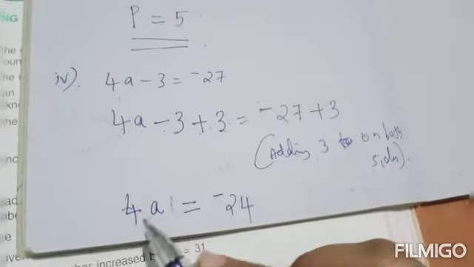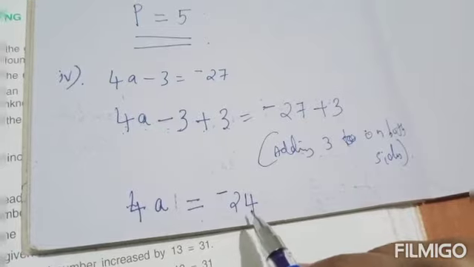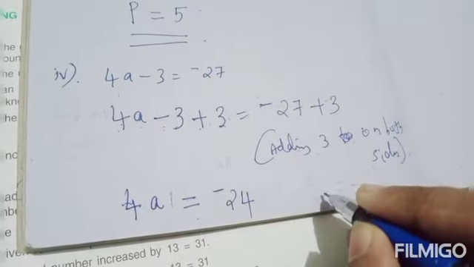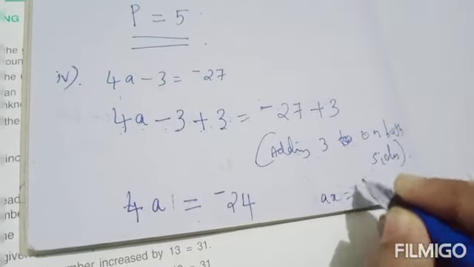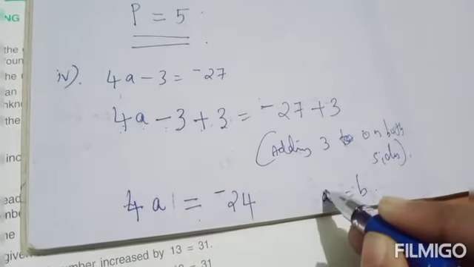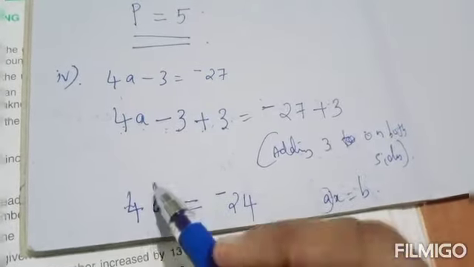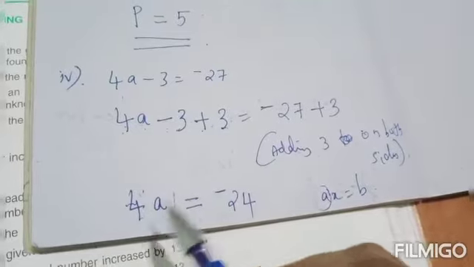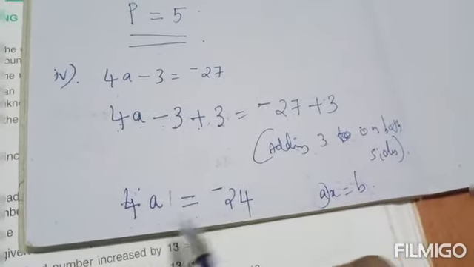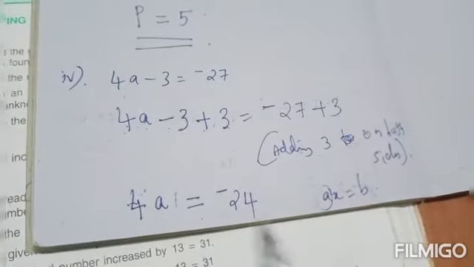Okay, now 4a equal to minus 24 is of the form ax equal to b, where in place of a, 4 is coming. So divide both sides of the equation by 4.